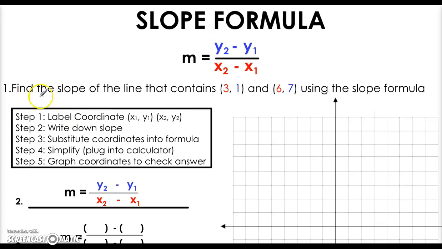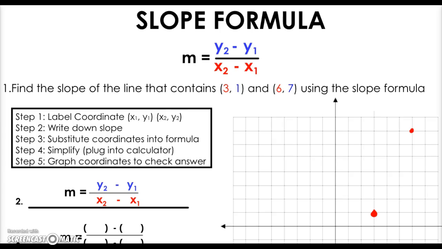So in this question, it said, find the slope of the line that contains (3, 1) and (6, 7) using the slope formula. Of course, we could just graph that and find the slope, right? We could go over 3, up 1. That'd be our first point, and over 6, up 7.